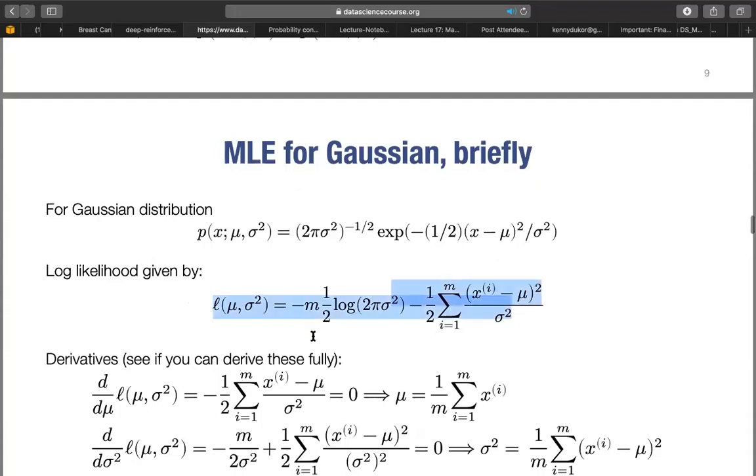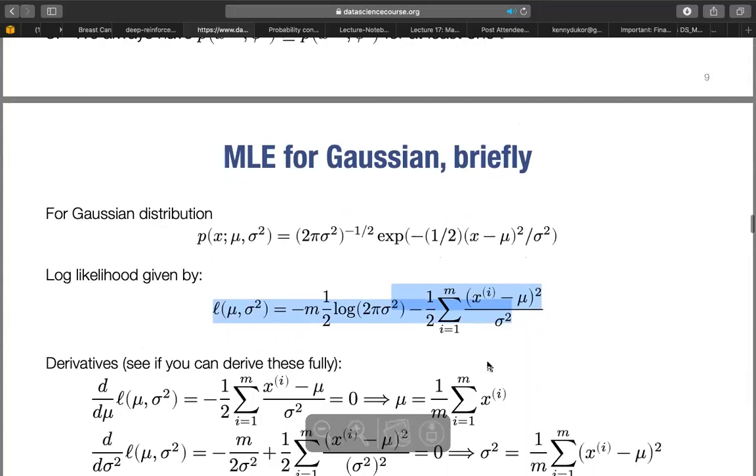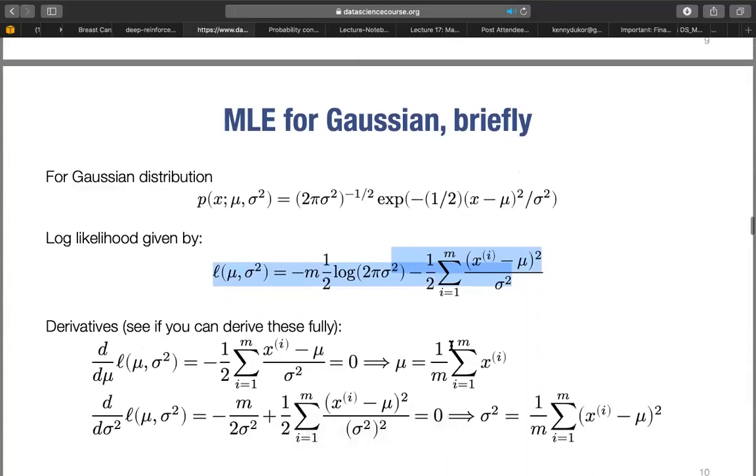And then if you find the derivatives, you'll have something like this. So what he's also trying to do here is to prove the normal formulas. Remember, it is parameterized by two things: the mean and the standard deviation. And we all know what the mean is, right? When you find the derivative of your log likelihood, you find it gives you the exact same thing.